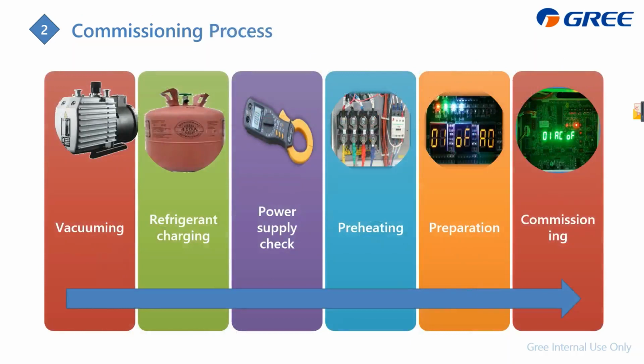And then the commissioning steps. The first step is to do the vacuum and charge the refrigerant, check the power supply, and preheat the whole unit, and then after the preparation we can do the commissioning step by step.